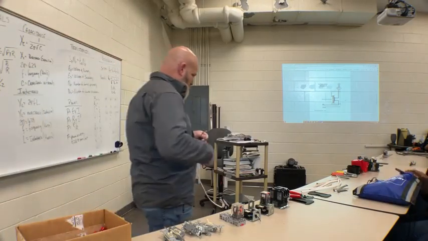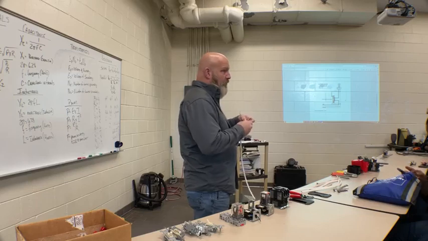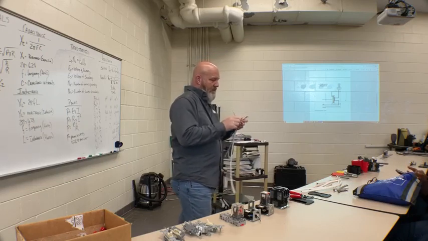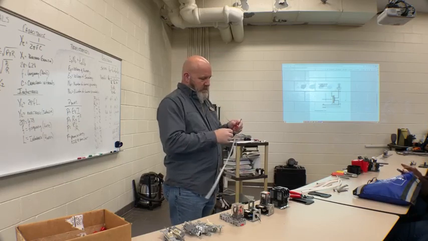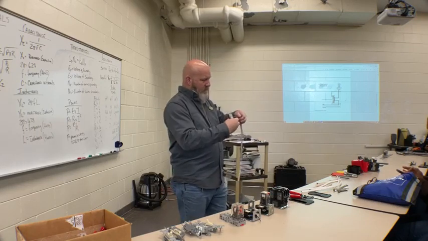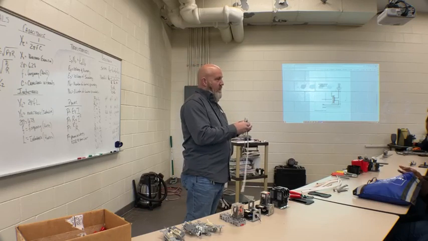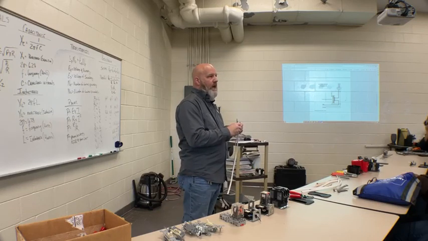You would hook the neutrals together, and I'm showing you without a box because it's easier to see without the box. You would have the black, the power coming in on one screw, and then the power going out to your light on the other screw.